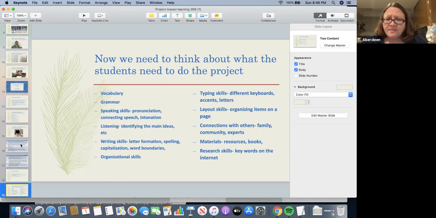You'd be thinking about if you're doing science, how do you write a science report about water? You'd be writing it all in present tense. You would be using the different kinds of microorganisms and all of that kind of stuff. So you think about the language that you need to teach in order for them to be able to do whatever project it is that you have decided for them.